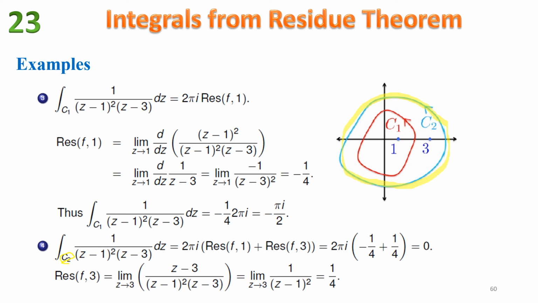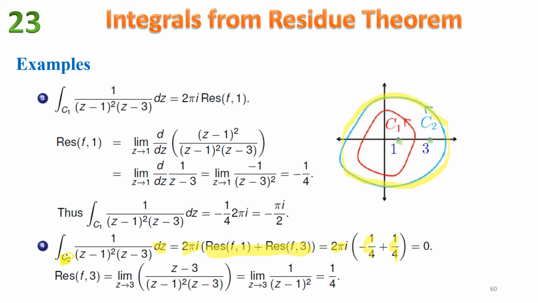Now it encloses two singularities, 1 and 3. So the function remaining the same, we have to integrate over C2 dz. It is 2 pi i times the sum of all residues inside the contour, so this is equal to 2 pi i times minus 1 by 4 plus 1 by 4.